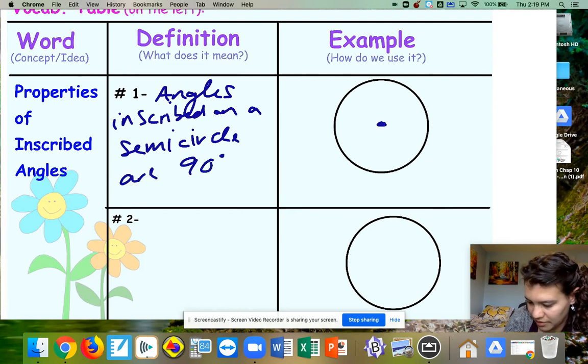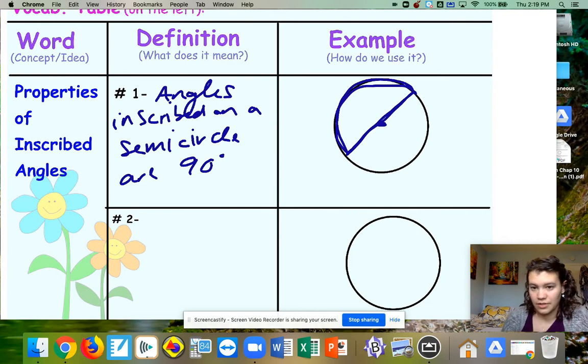So there's my center. This would be the semicircle right here. If I inscribe an angle, so I get something like this, this has to be 90 right there.